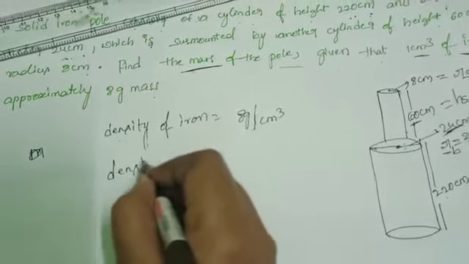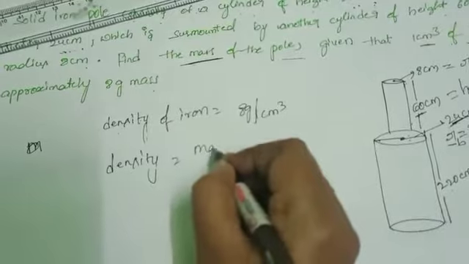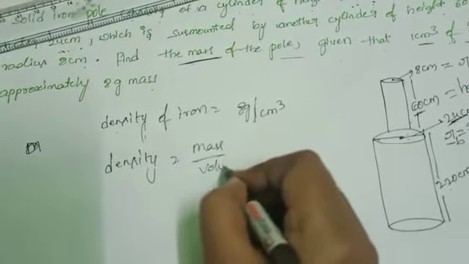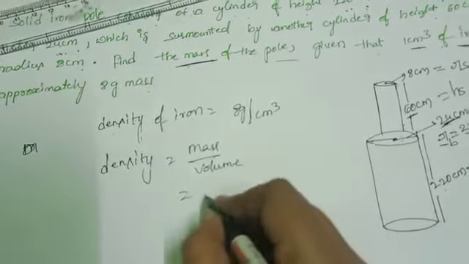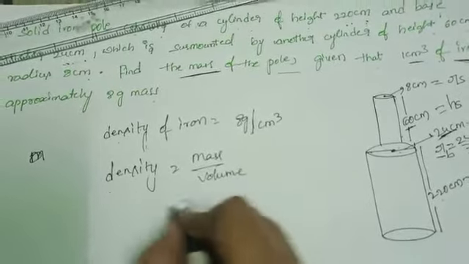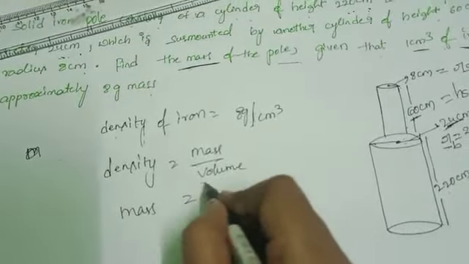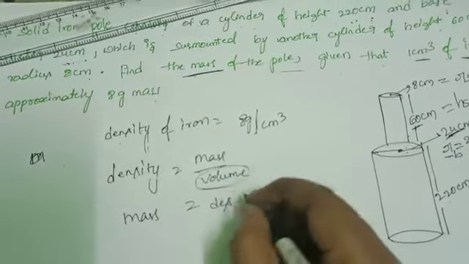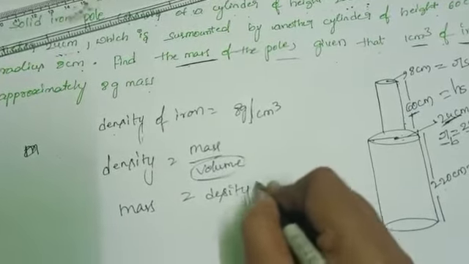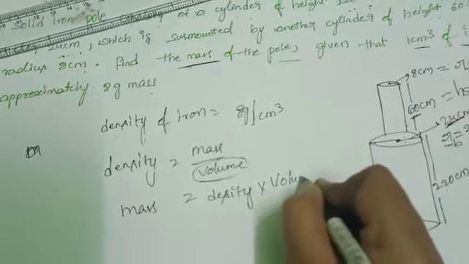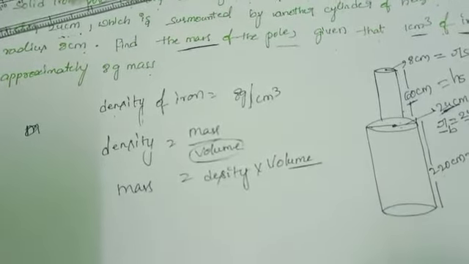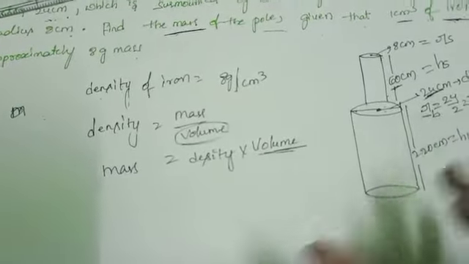Density equals mass by volume. So we want mass. So mass equals density into volume. Okay, so first find the volume of the iron pole.